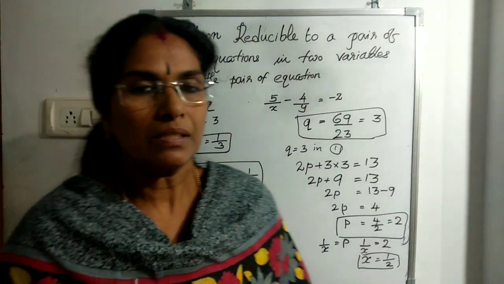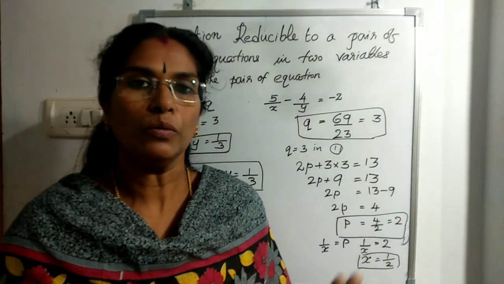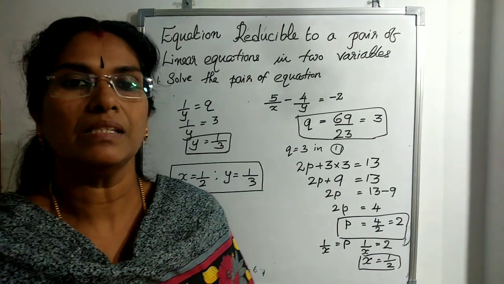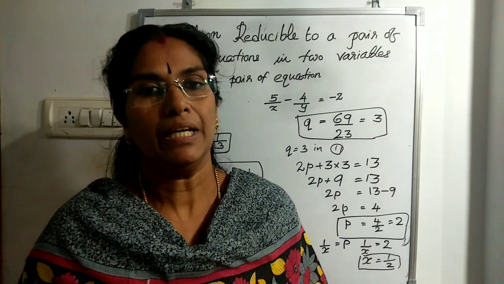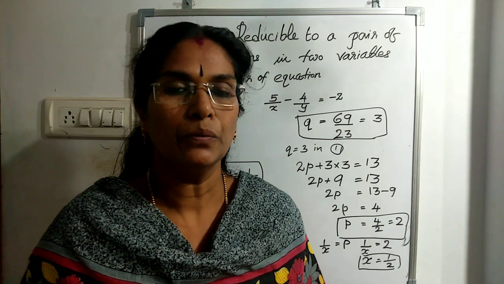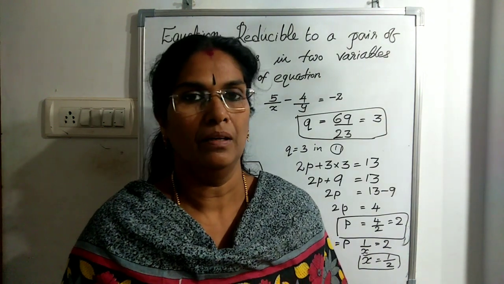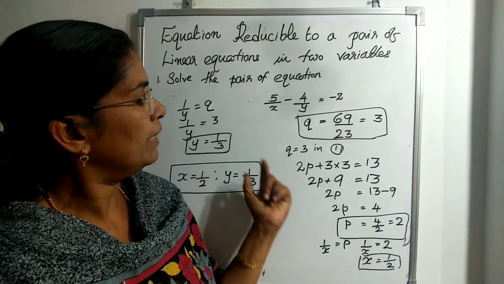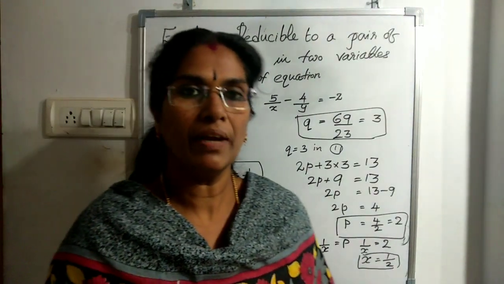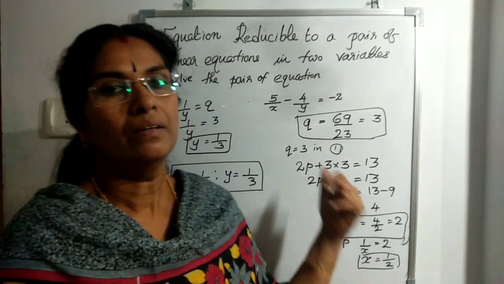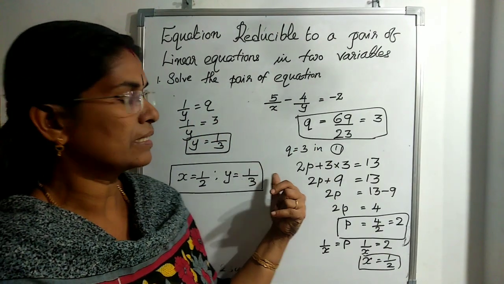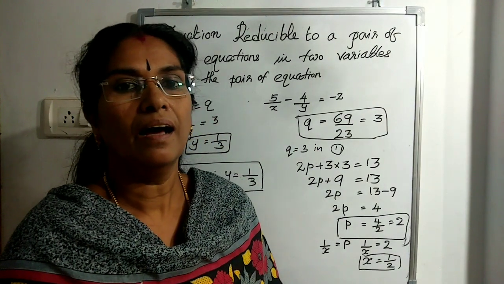So first you have to change. If the given question is not in the linear form, you have to make it a linear equation. What we have to do? We have to substitute another variable. Here we substitute 1 by x as p and 1 by y as q. After that, we make the given equations linear and solve.